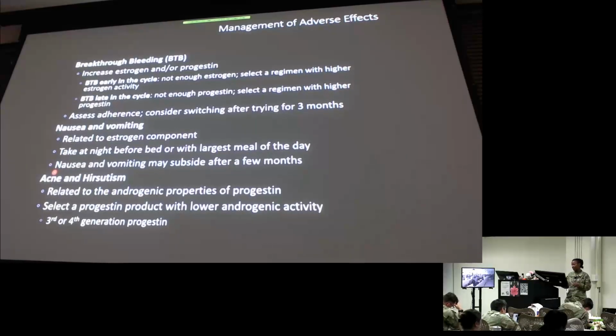And then acne or hirsutism, this depends on if you put them on a combined oral contraceptive or a POP that has high androgenic activity. That is where you can see this happening, right? Which is why we wanted low androgenic activity in a patient who has acne. I can also cause this to happen when I put someone on a contraceptive if those levels are too high for them, okay?